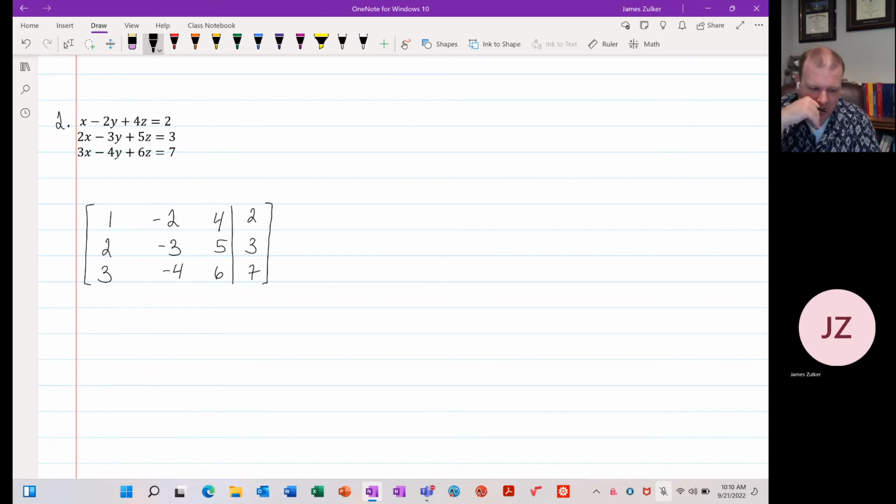And now we're going to do Gauss-Jordan reduction. So that 1,1 entry is our first pivot.